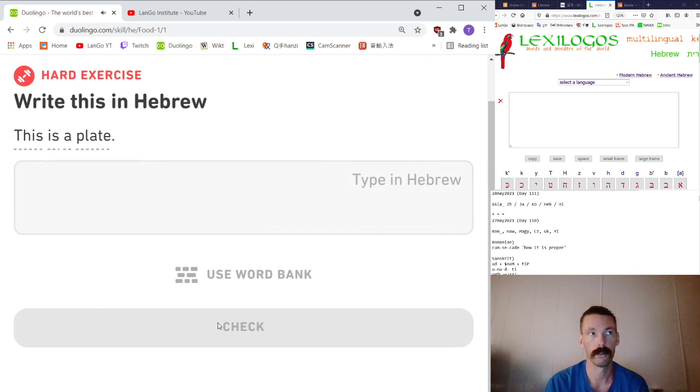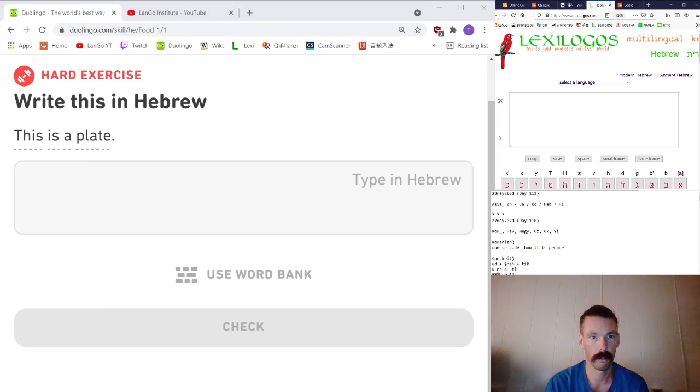This is a plate, so it's zot. I've forgotten already. Tzelechat. Zot. No, is it zot? Zeta is Zain, Aleph, Tav.